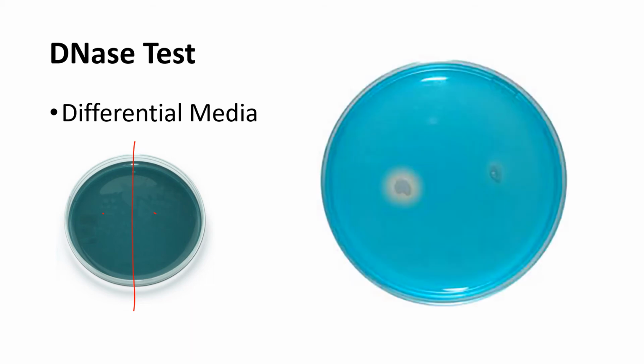If the bacteria is able to make DNase and secrete it out, then the DNA around the bacteria would have been broken down, and that would get rid of the dye, the methylene blue around it, because methylene blue only binds to DNA. So this bacteria is positive because you see that halo around the bacterial growth, meaning that the DNA has been digested. This bacteria does not have a clear halo around it, so this is negative for DNase.